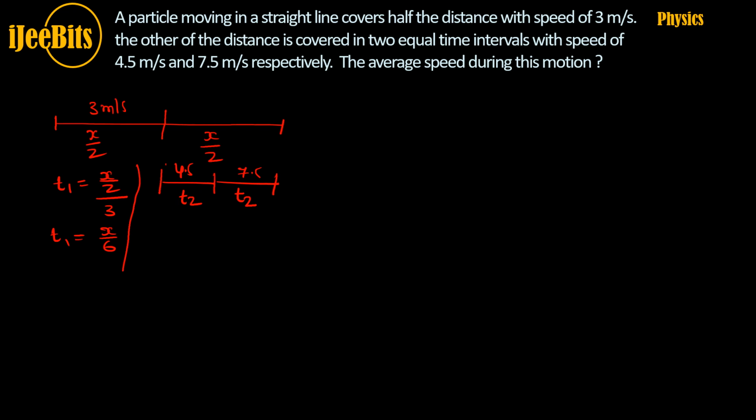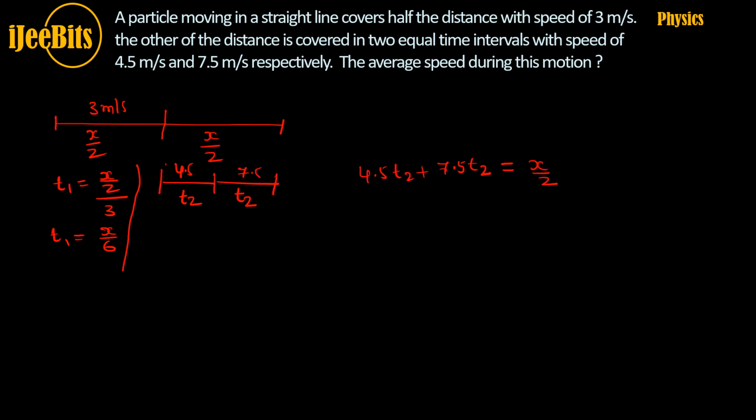What you should do now? You can calculate distance. Velocity into time is distance, right? Agree? So 4.5 T2 plus 7.5 T2 equals your total distance, x by 2.